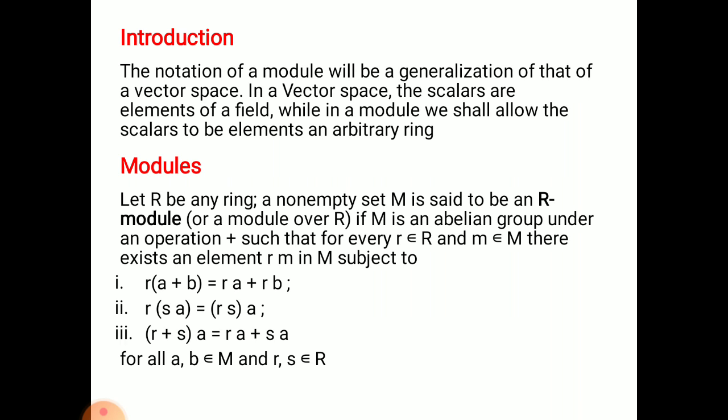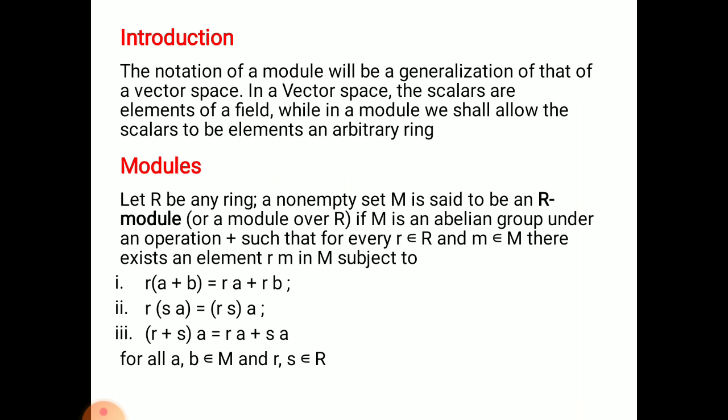Also, we have seen that in this definition, the elements of ring R are multiplied on the left side, and therefore such a module is called a left R module.